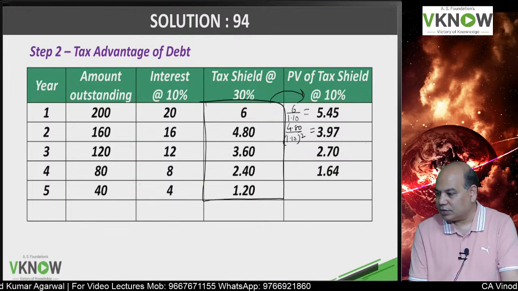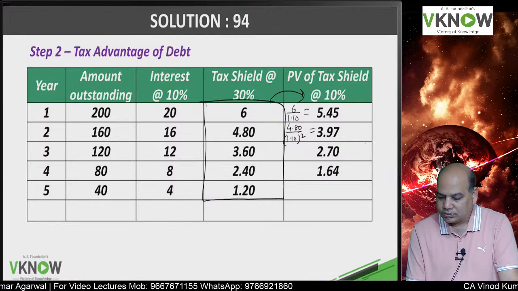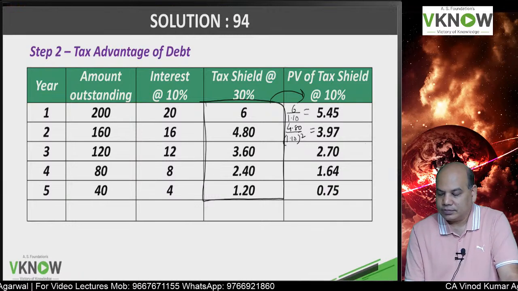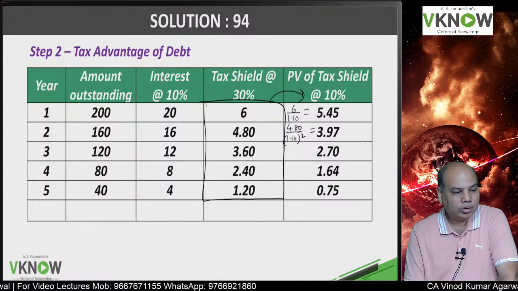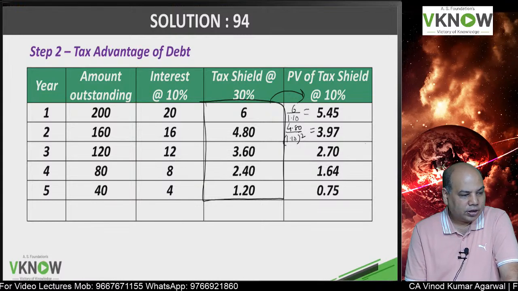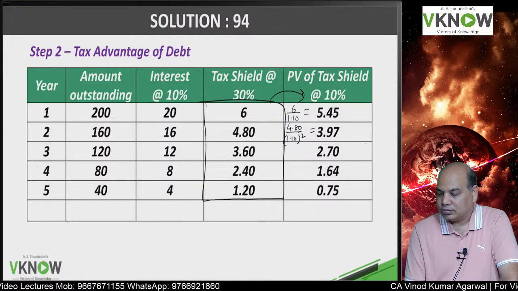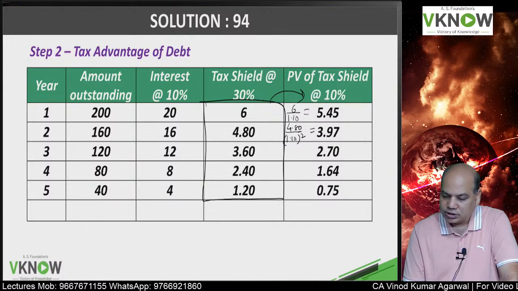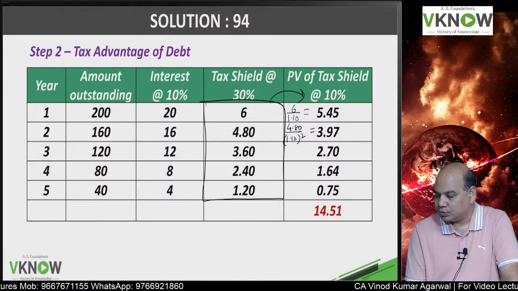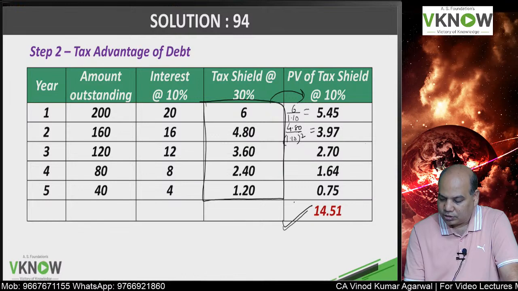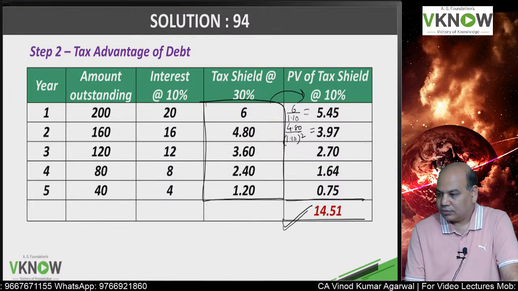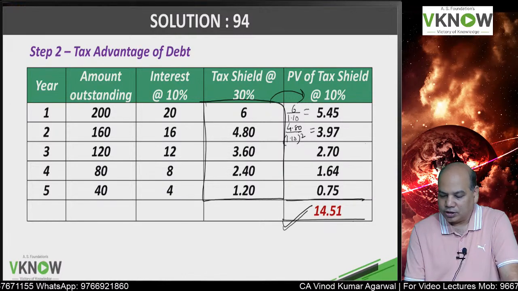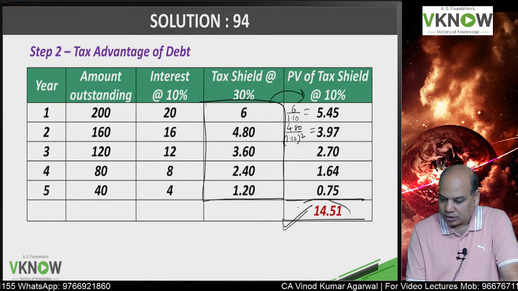Next 1.64. Next 0.75. Please take the total of the last column. That will give you PV of tax shield, and the answer is 14.51. Very good. So this is my tax advantage of debt.